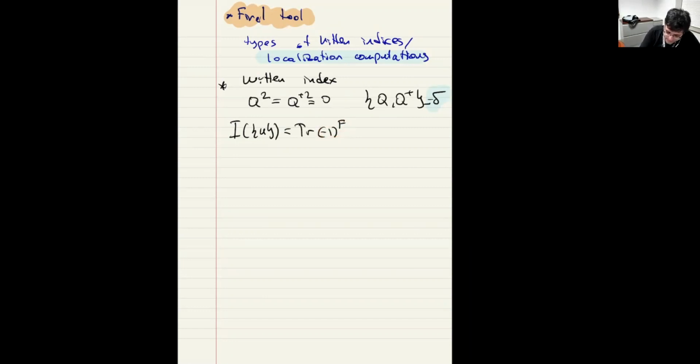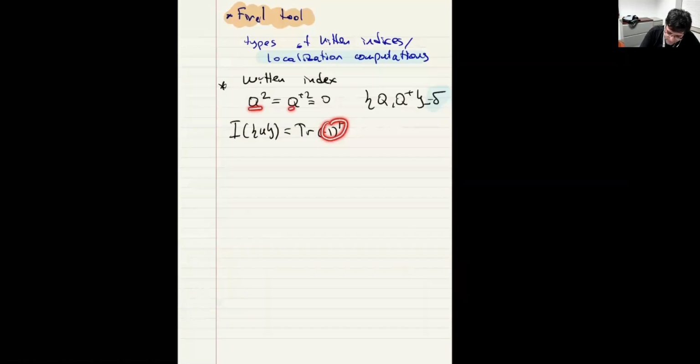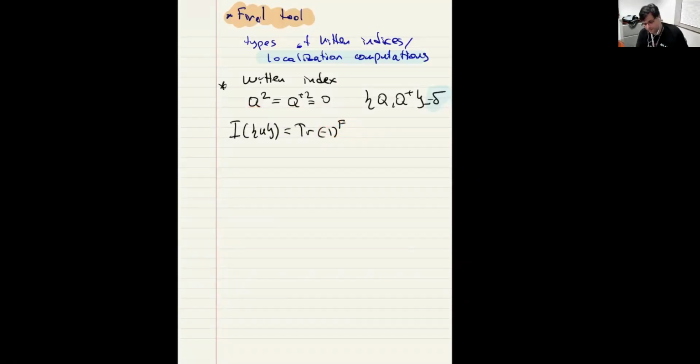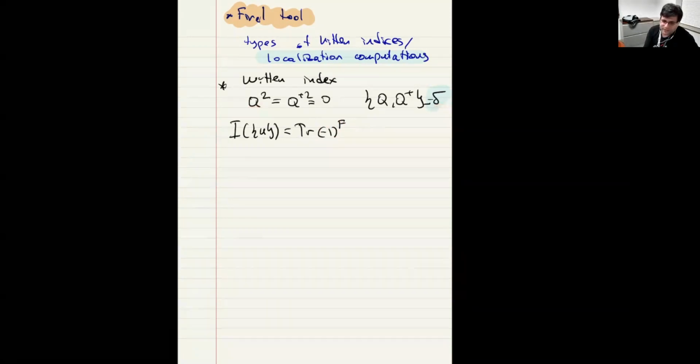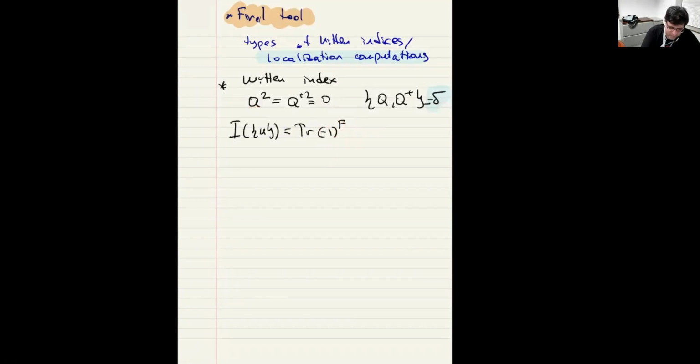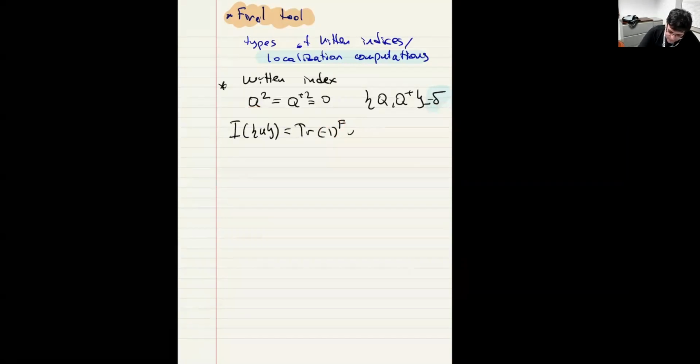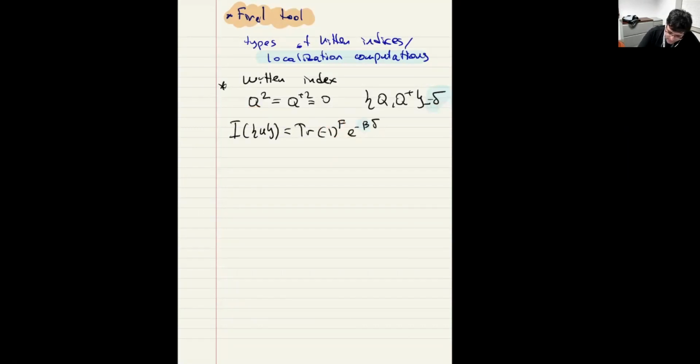Under this (-1)^F, the supercharges are charged: they have F equal to 1, and the bosonic charges, say delta, have F equal to 0. So you trace over all the states in your theory with (-1)^F. Then you turn on e^(-beta delta), where beta is some chemical potential, and delta is this charge appearing in the anti-commutation relation.